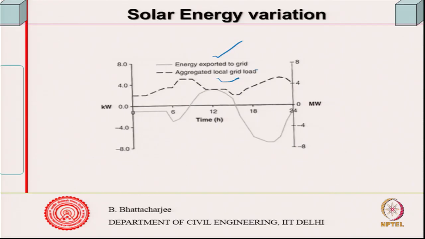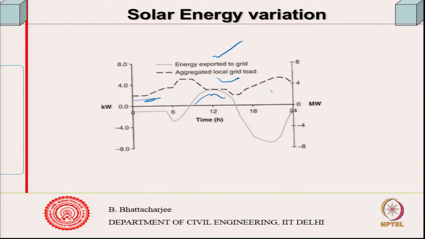So, energy exported to the grid is this, its peak at this point of time, and aggregated local load is there. So, basically there is a time during which you can supply to the grid or store it for later usage.